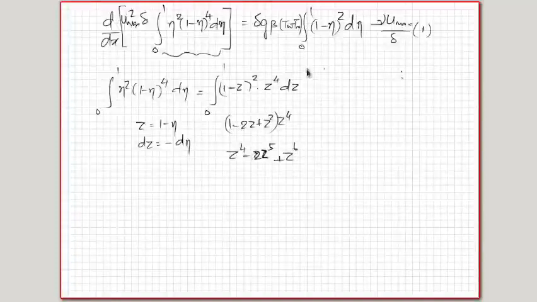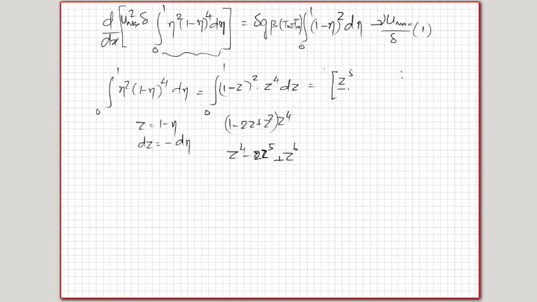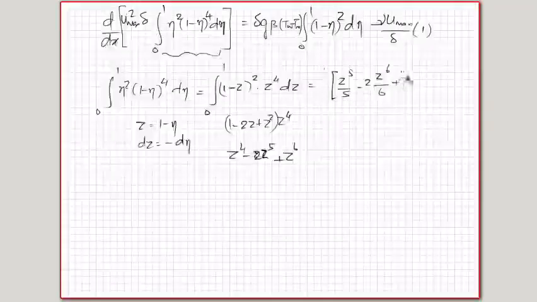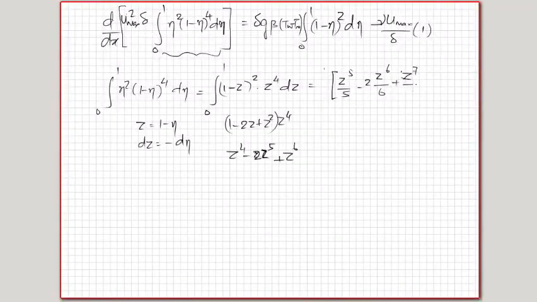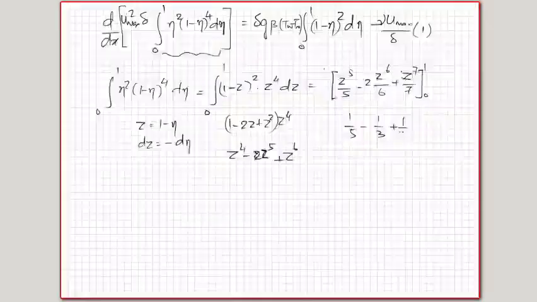When I integrate that, I'll get z to the power of 5 by 5, minus twice z to the power of 6 by 6, plus z to the power of 7 by 7, with limits between 0 and 1. At 0 all of these will be 0, and at 1 it will be 1 by 5 minus 2 by 6, which is 1 by 3, plus 1 by 7.